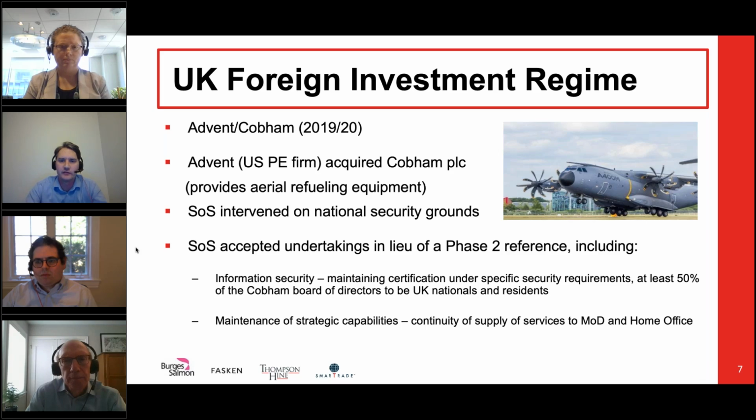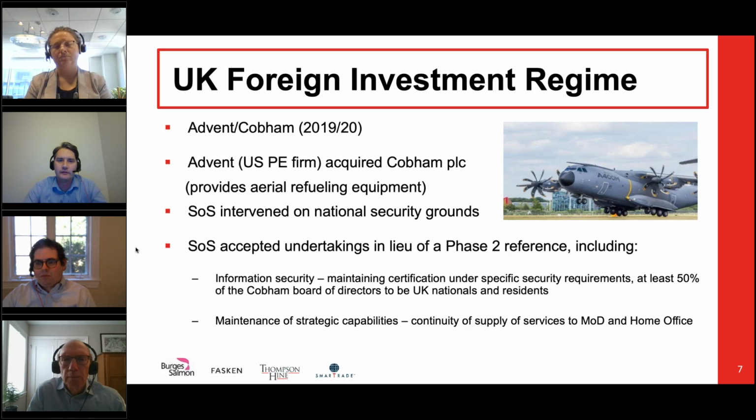So it was considered to be particularly sensitive from a defence perspective, and as anticipated, the Secretary of State intervened on national security grounds. And actually one of the family shareholders in Cobham also complained and objected to the deal. And that's probably also what prompted the government to look at the deal more closely.